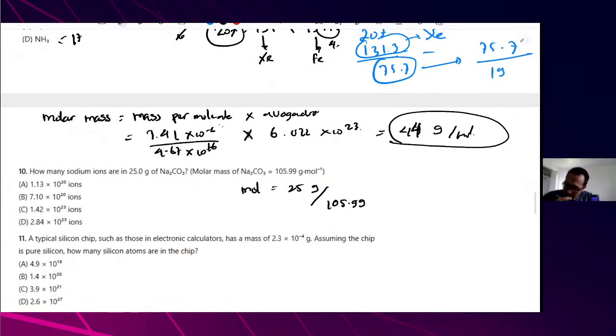Okay, mole, and then divided by this one. Let me calculate again. And then it ended up getting 0.235. Let's take a look at another one.